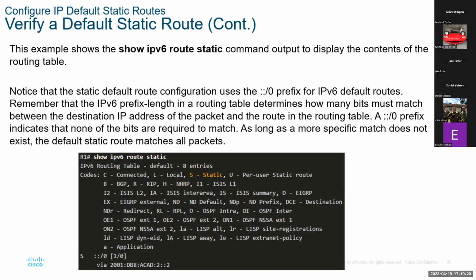Remember that the IPv6 prefix length in a routing table determines how many bits must match between the destination IP address of the packet and the route in the routing table. A ::/0 prefix indicates that none of the bits are required to match as long as a more specific match does not exist. The default static route matches all packets. And then they just have that down there on the bottom.